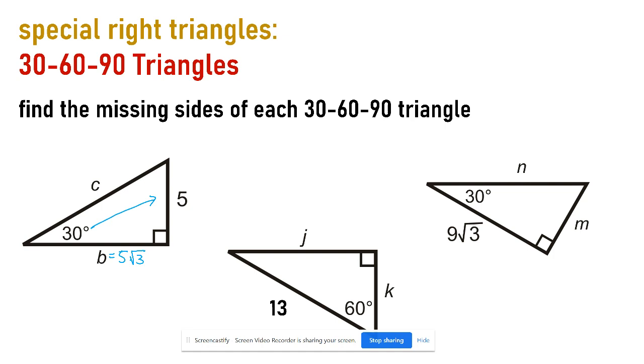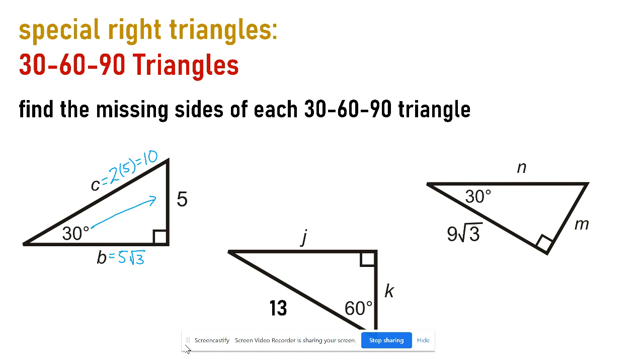And then we would take the 5 and multiply it by 2 to find the hypotenuse, which is the longest side. So when we do that, our short side, they told us, is 5. Our medium side, our other leg, is going to be 5 times the square root of 3. And our hypotenuse is going to be 5 times 2, which is 10. So that's all there is to it if they give you the short side.